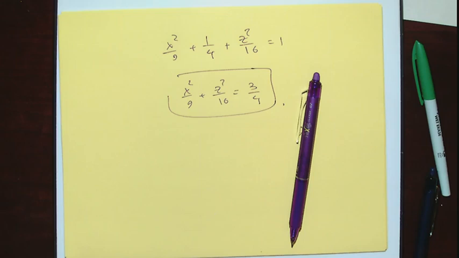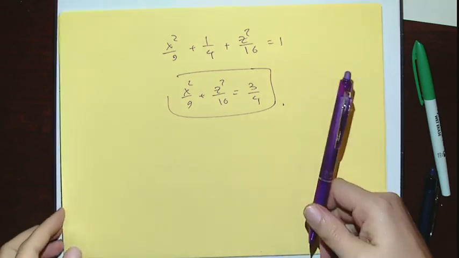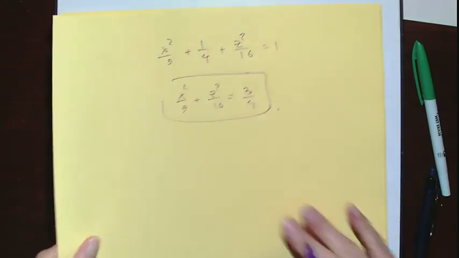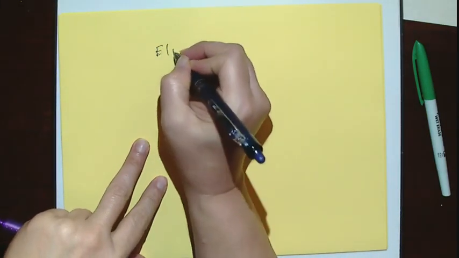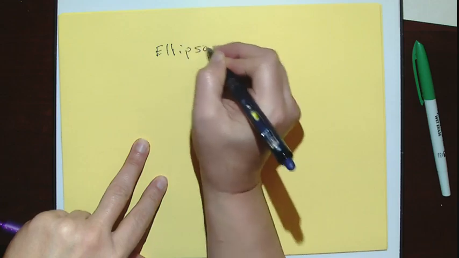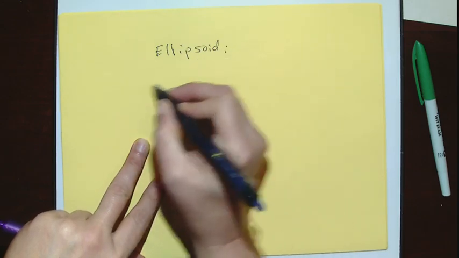So the shape that you just did was an ellipsoid. The general format of an ellipsoid looks like this. What does an ellipsoid look like?